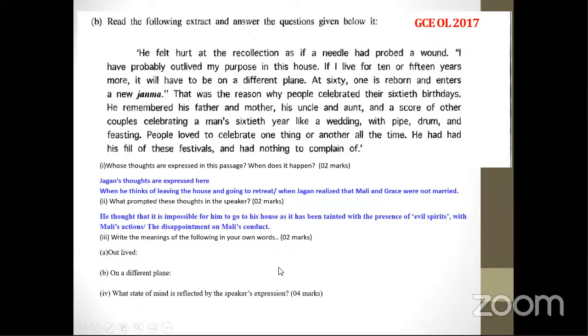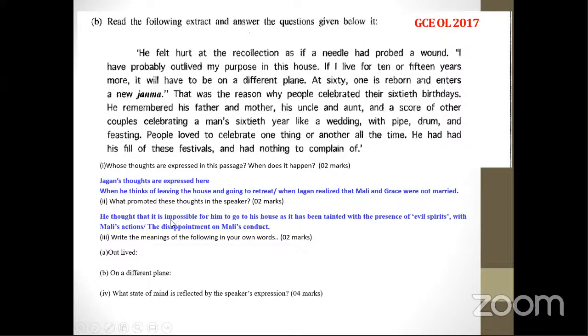So his son's action, we know he never agreed. There was a conflict always from the beginning, since childhood, since the death of his mother. So where we have to focus here, the thoughts: impossible for him to go into the house. And the house has been tainted.